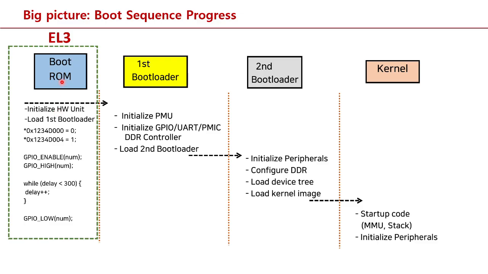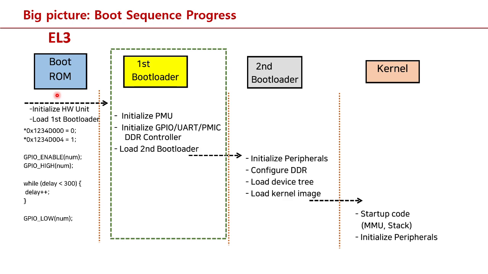Once the boot ROM completes the basic initialization of the hardware units, it loads the image from a storage device like eMMC or UFS, and then makes the programmable bootloader executable. That is the main job of the boot ROM.